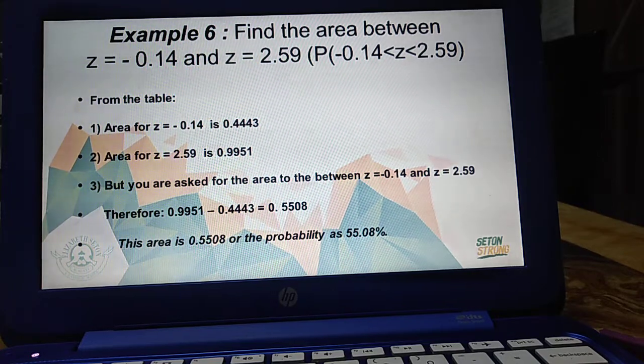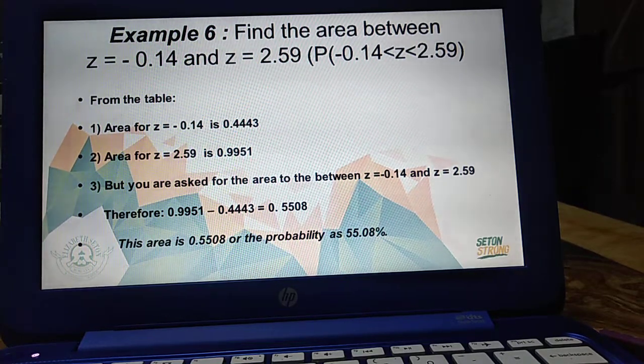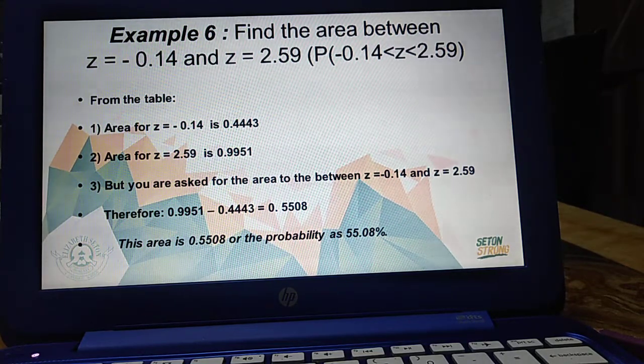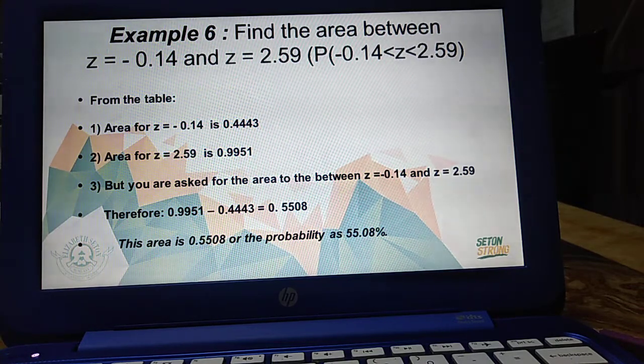If I were looking for the area of 2.59, I will use the positive table. In the row, I will look for 2.5, and then going to the right, looking at the column, I will look for the column 0.09. The intersection of the row 2.5 and the column 0.09 will now be the area that I need.